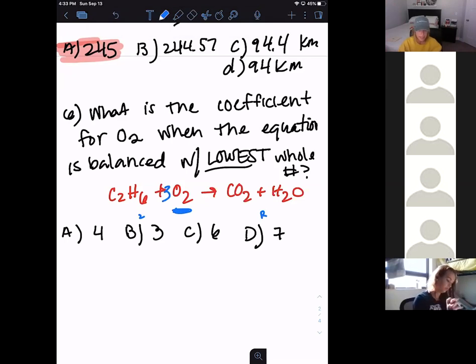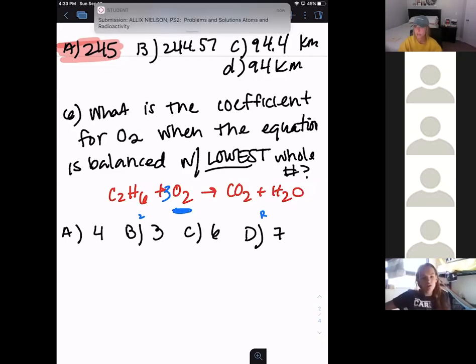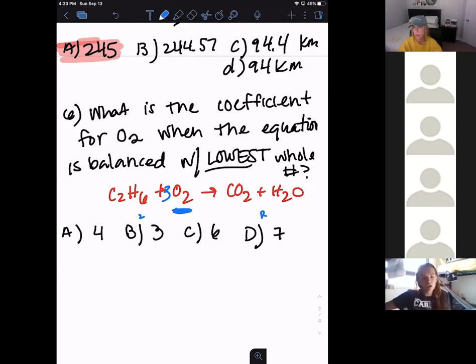Now the question is asking, what is the coefficient for O2? Even if it didn't ask for that, you're already beginning with this single atom. So what is its coefficient? That's not the total number. What's its coefficient? 3. 3. Okay, perfect.